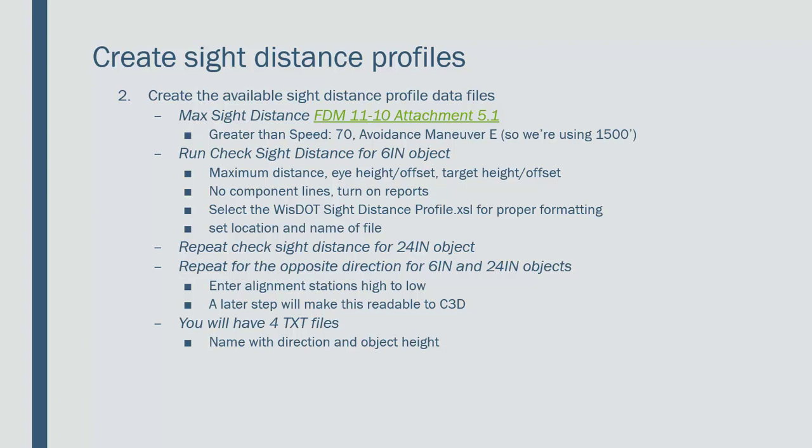Then we're going to go back and repeat this process for the 24-inch object in our first direction. Then we're going to repeat both the 6-inch and 24-inch objects in the opposite direction. During this process, in the site distance dialog box, we're going to enter the alignment from high station to low station, which is opposite of what we would normally do.